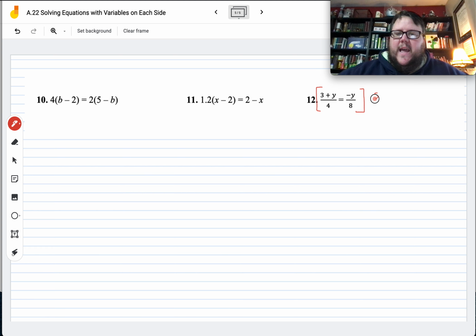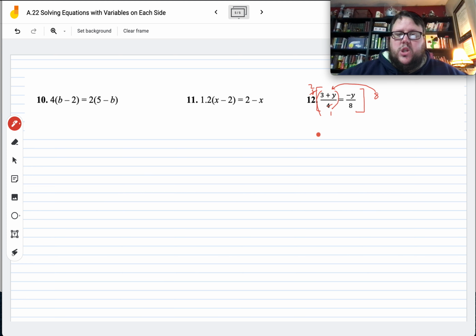So I'm going to multiply everything by 8. But remember, I'm multiplying the whole fraction by 8. So that means I only have to multiply it by either the top or the bottom. And in this case, I'm going to multiply it by the bottom. So an 8 is here being multiplied, cancels out that 4. That 4 becomes a 1. The 8 becomes a 2.